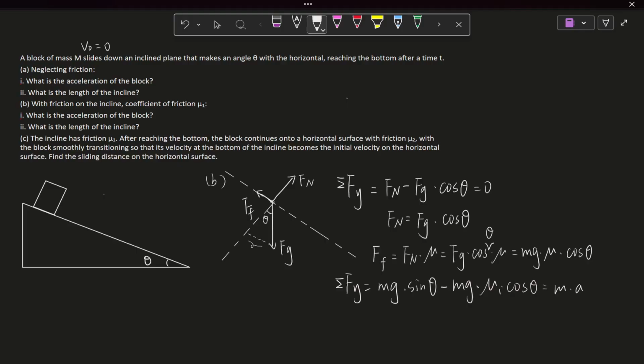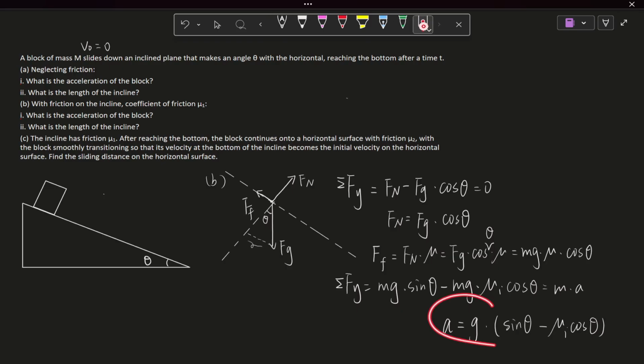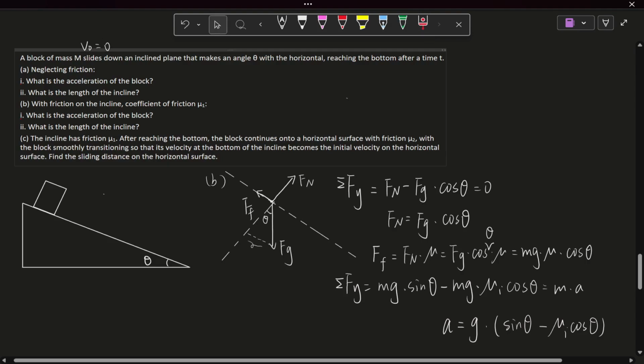So you can get a is equal to g times (sine theta minus mu times cosine theta). This is a simplified version, but after you simplify the equation, it will look something like this. Don't need to worry about it, because I think it just looks better.